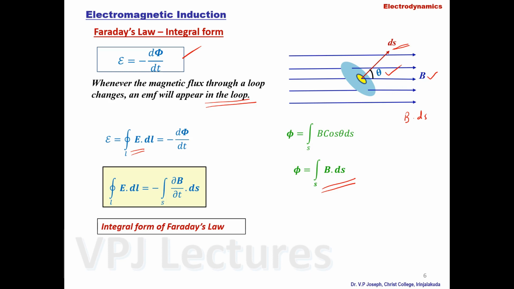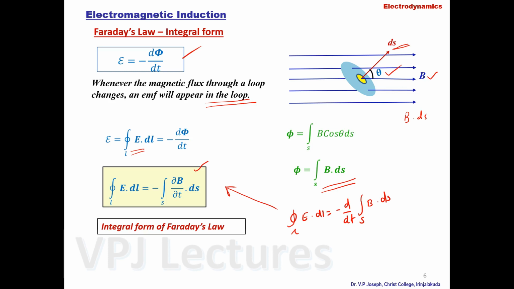Let us substitute that in this equation, that is, closed line integral E dot dl is equal to minus d by dt of the surface integral B dot ds, or line integral E dot dl is equal to minus surface integral dou B by dou t dot ds. And this is called the integral form of Faraday's law.